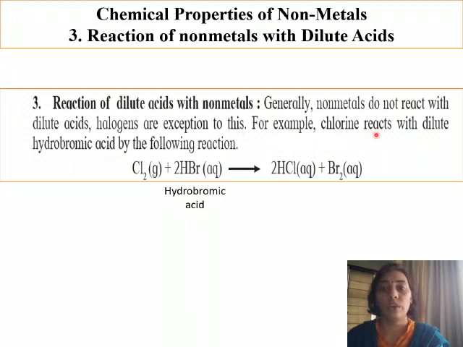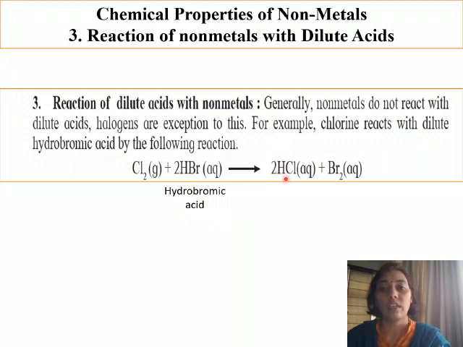For example, chlorine reacts with dilute hydrobromic acid by the following reaction. Chlorine and hydrobromic acid, that is HBr. How is HBr formed? H is 1 positive, bromine is 1 negative. So when you cross the valencies, you get the formula HBr, and that is called hydrobromic acid. Just like hydrochloric acid, that is HCl, we have hydrobromic acid.